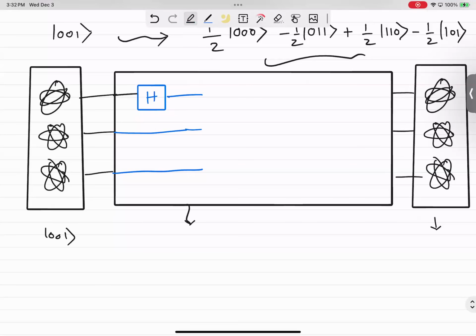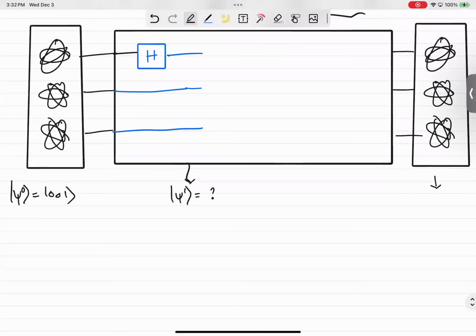If I do that, so this is my state at the beginning. What's my state here? So I'm applying the Hadamard on the first qubit. So that qubit becomes 1 over square root 2 times 0, right? And 1 over square root 2 times 1. The remaining 2 are not changing, right?